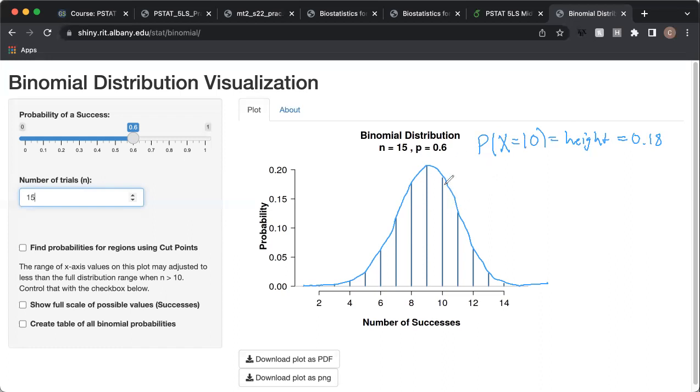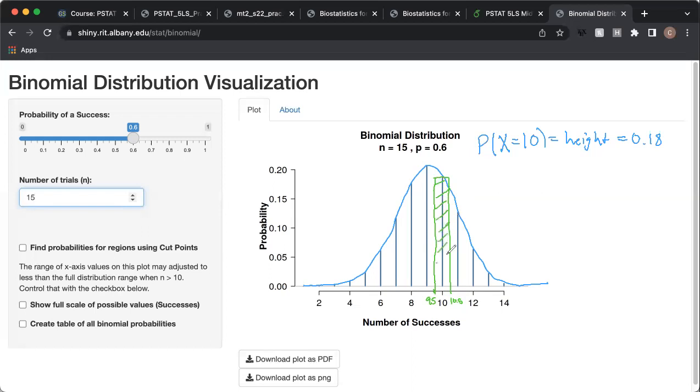But we can visualize this, instead of it just being a height, as an area if instead what I do is take a half step to the left of 10 and a half step to the right. So half step meaning this is 9.5 and this is 10.5. And now if I draw a rectangle that has the same height from these points here, then the area of the rectangle, well, an area of a rectangle in general is base times height.